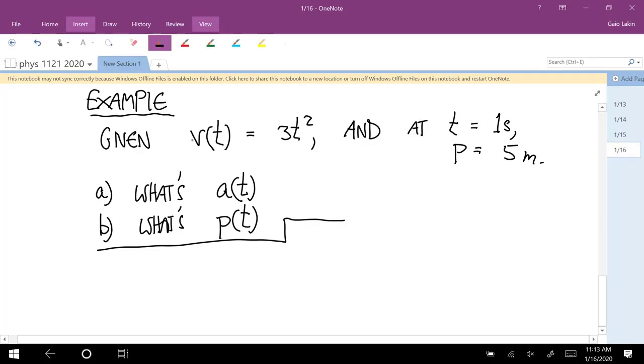All you're doing is taking the time derivative. So the acceleration is the time derivative of the velocity, and so that's 6t.